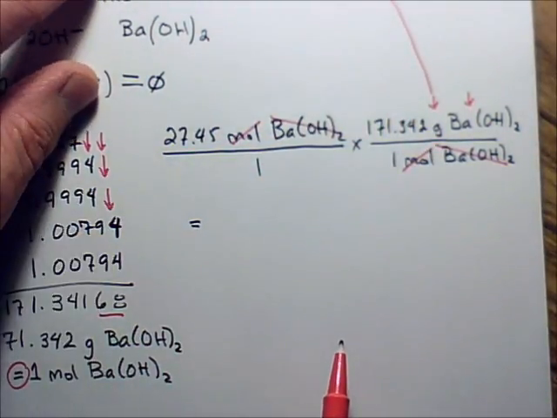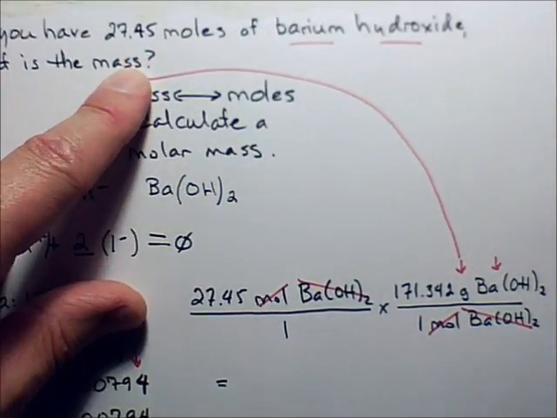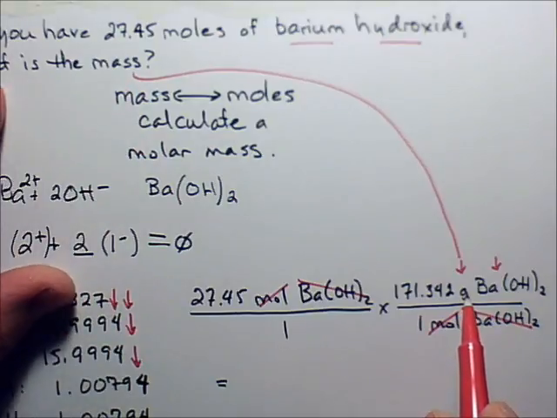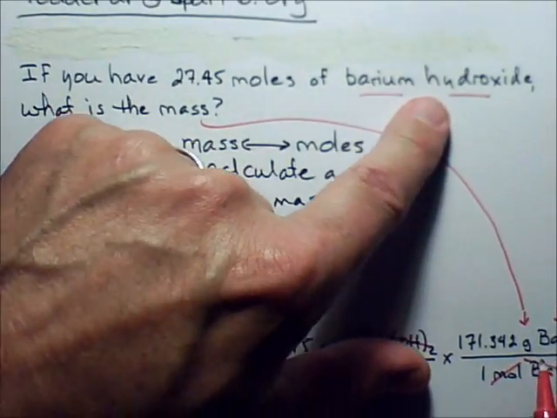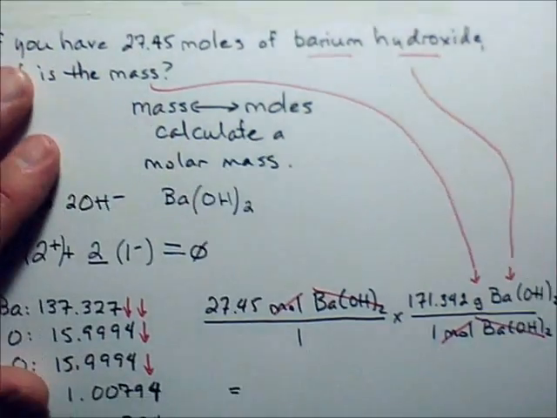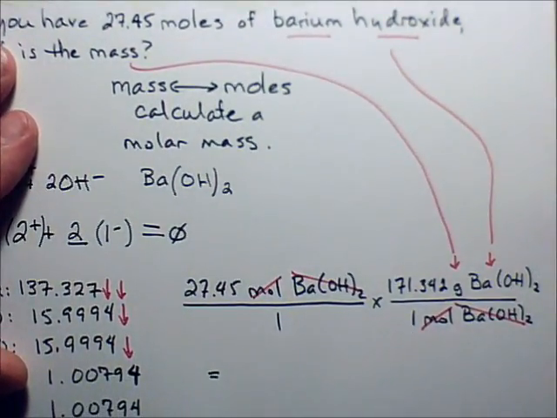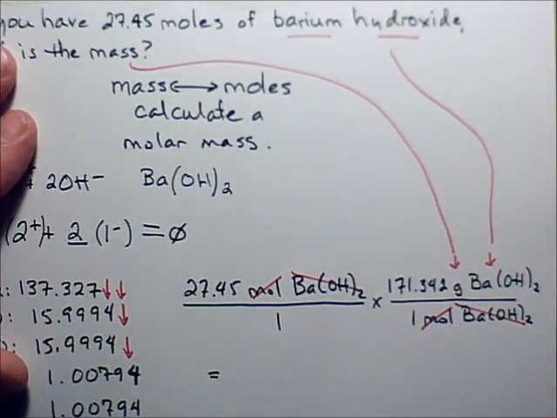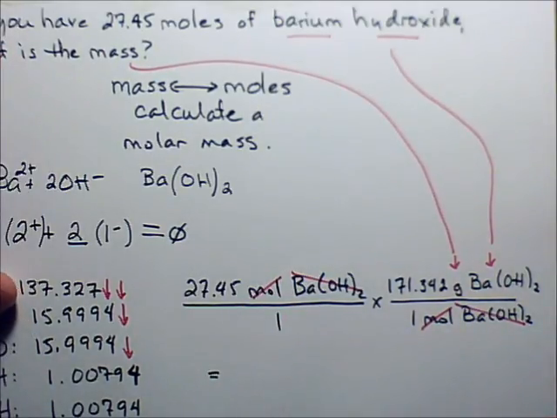The problem is asking for mass, and this is a mass measurement. And it says, what is the mass of barium hydroxide? And that's what we're finding the mass of. Okay? This is called dimensional analysis because it cancels all the units and species except the one we're looking for.